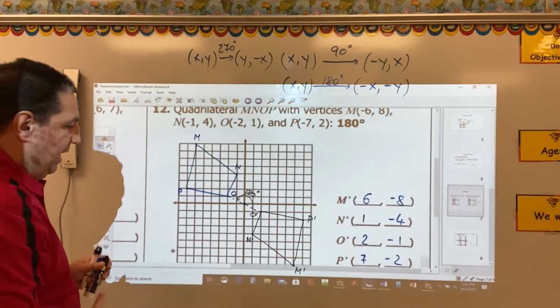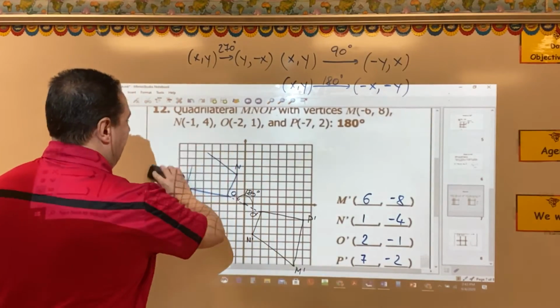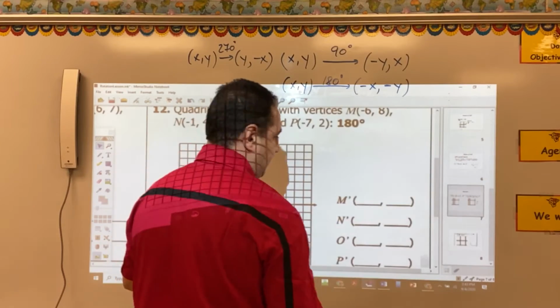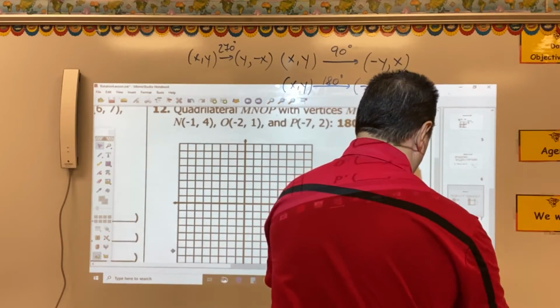Good. Now, the last example of rotation, rotation of 270 degrees.